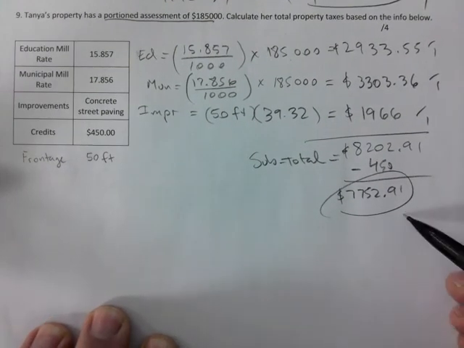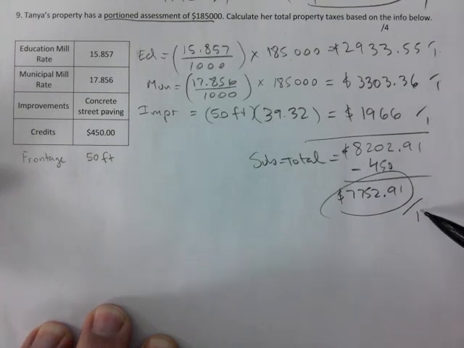So I'm going to give you another mark for the final answer. So 1, 2, 3, 4. That means the last mark is for taking away that credit. So I'm not going to count 7. Okay, 7 we're not going to count.